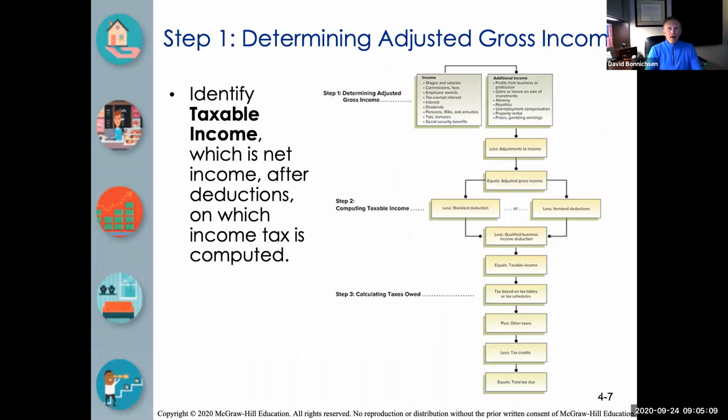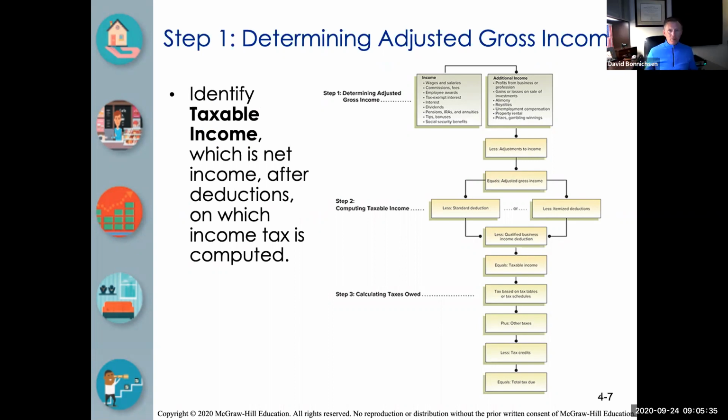So when we think about determining what we call the adjusted gross income, the final number that we look at before we start taking into account standard exemptions in order to calculate taxable income in the next couple of steps.